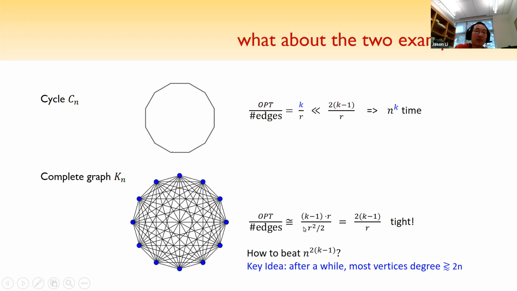And the number of edges is roughly r choose 2, which is roughly r squared over 2. And here we get back this 2 times k-1 over r. So for a clique, the first time we contract an edge, we succeed with probability exactly 1 minus 2 times k-1 over r. So in other words, the Karger-Stein analysis is tight.